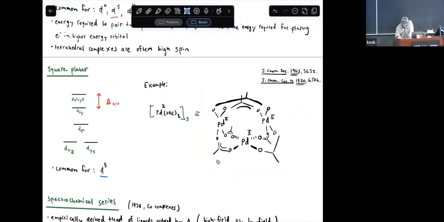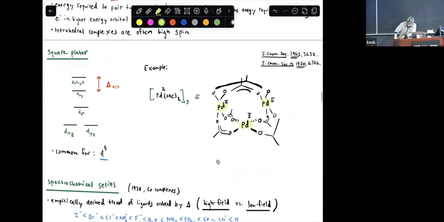So each individual palladium(II) is happily in its d8 electronic configuration, square planar geometry, and all three can be accommodated without significant strain. And we said that d8 electronic configuration is common for square planar complexes.